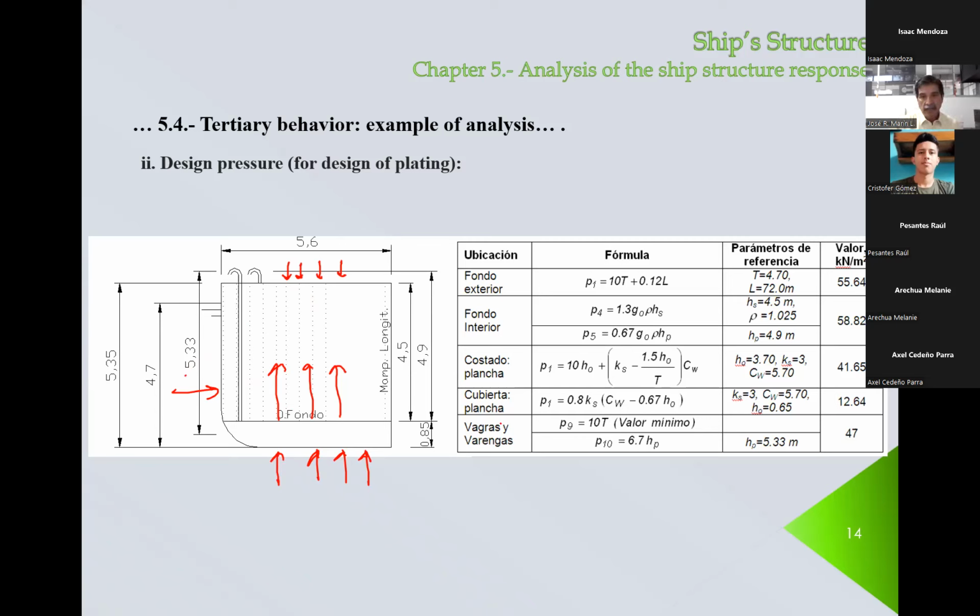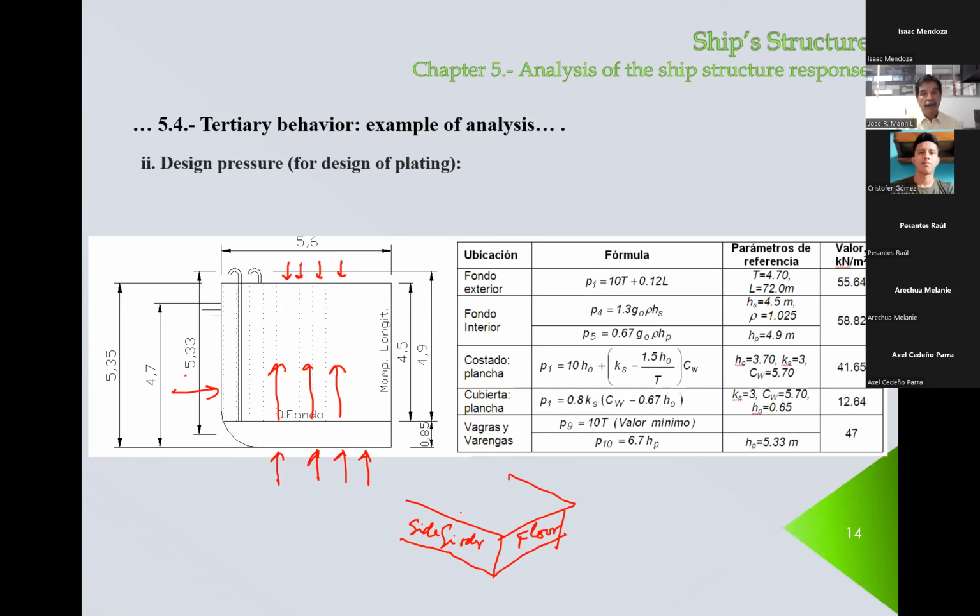Now here, these are the floors or the longitudinal girders. The thing is that these elements, I'm going to try to draw a double bottom. So the double bottom will be something like this. This is the floor. This is a side girder.